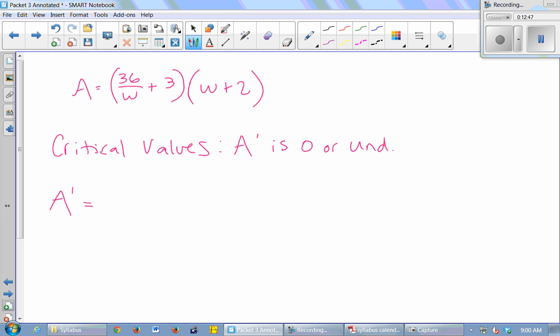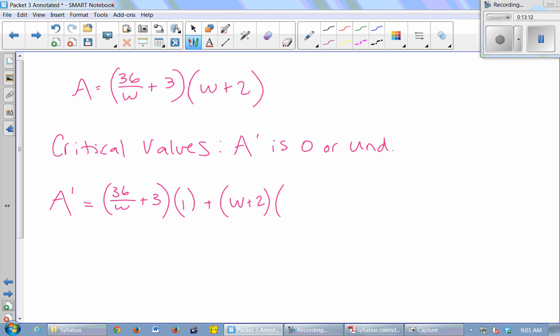Okay, so A prime is going to be first, 36 over W plus 3, times the derivative of the second, which is 1, plus the second, times the derivative of the first, negative 36 over W squared.